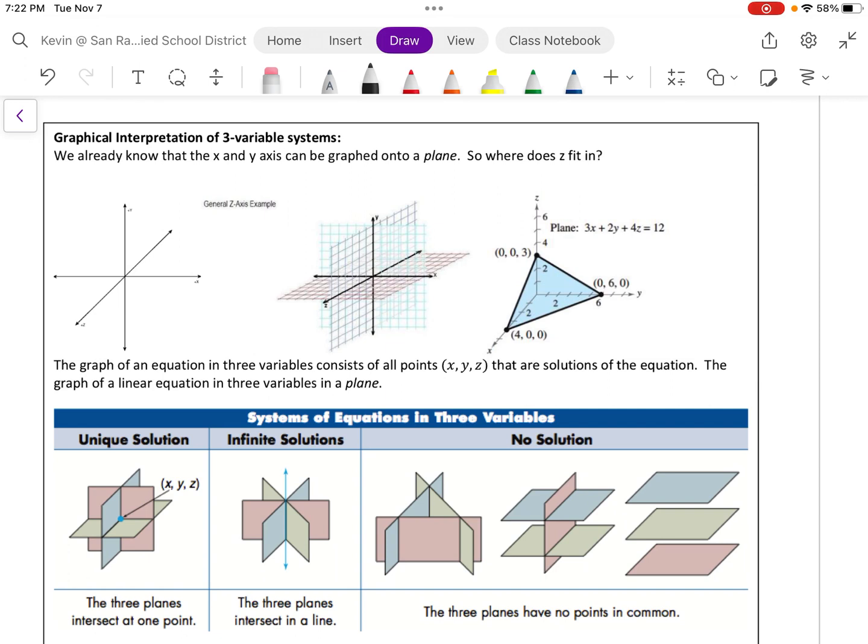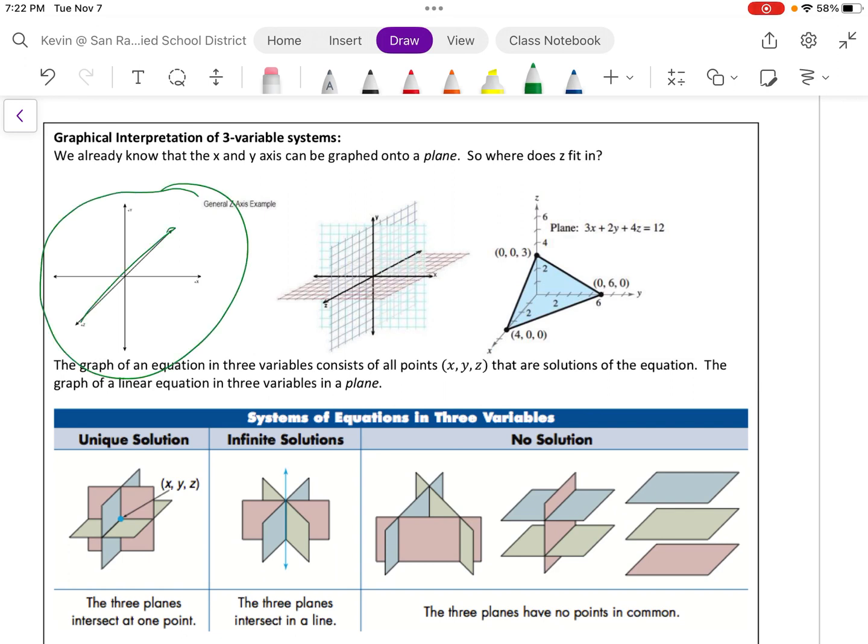But then when we add that third variable z in, what does that do? It basically turns it into a three-dimensional plane, or we have three planes, and you can kind of see what that looks like.